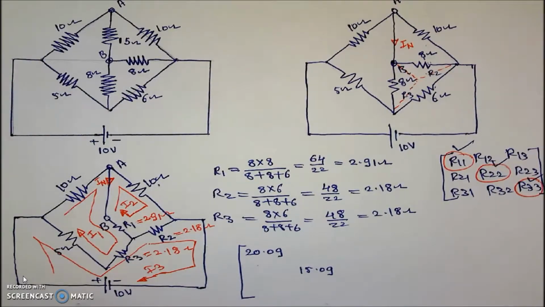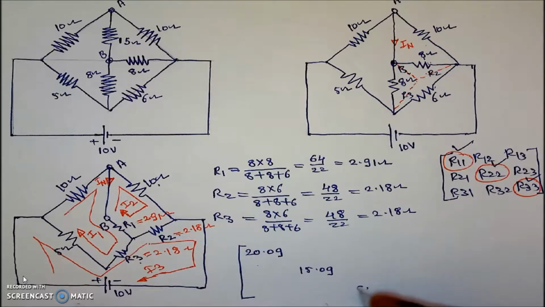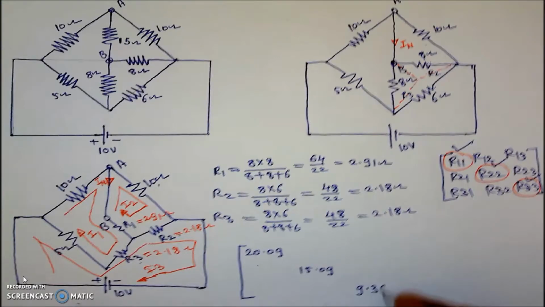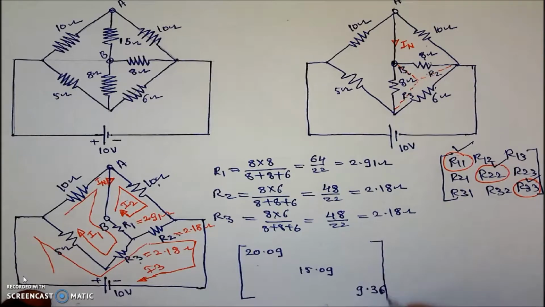Then we will find R33, which is the resistance of the third loop. It is 5 ohm plus R3 2.18 plus R2 again 2.18. Its value is 9.36.